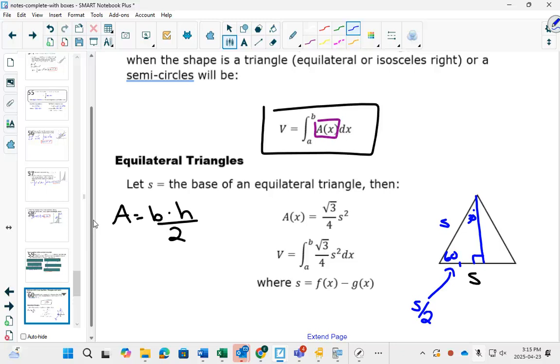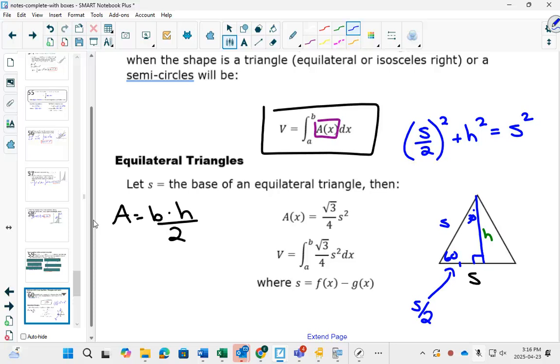You could either use your unit circle values and use SOHCAHTOA, or you could do a squared plus b squared equals c squared. If I want to find how high this actually is for my h, can you see that s over 2 squared plus h squared would have to equal my hypotenuse, which is s squared again.